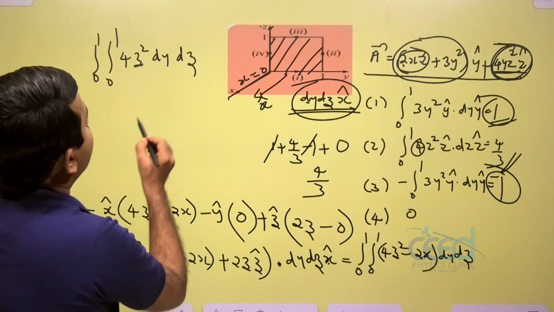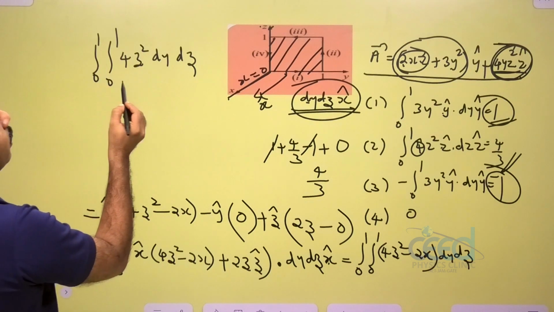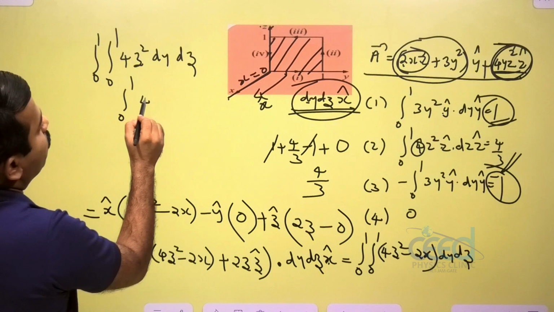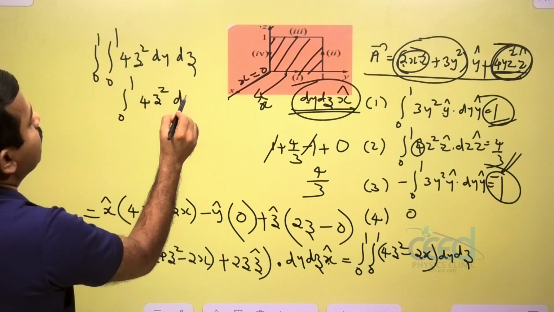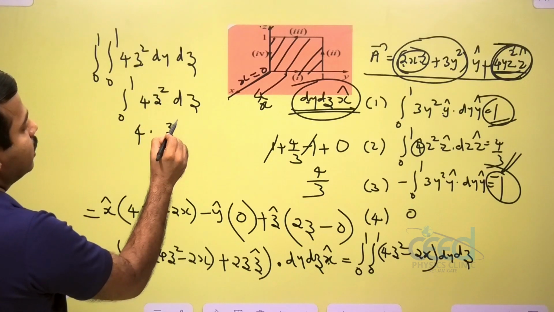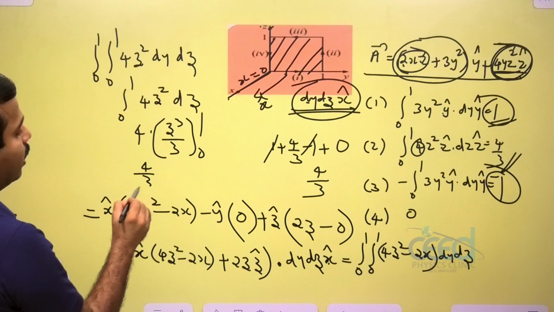First I integrate with respect to y from 0 to 1, which gives 1. The remaining is the integral from 0 to 1 of 4z square dz. Taking 4 out, the integral of z square is z cube by 3, from 0 to 1, giving 4 by 3.